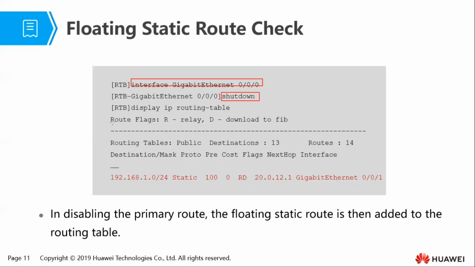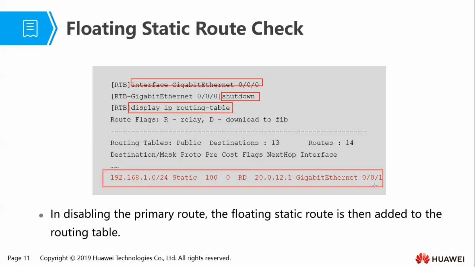So when we shut it down and we do display ip routing-table, the other interface, G0/0/1, which we configured to have a preference of 100, is now going to be used to forward data.